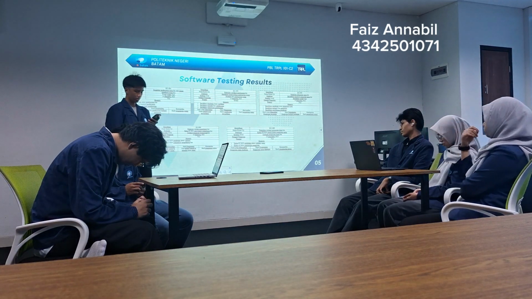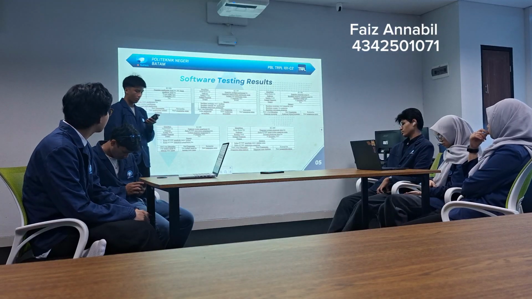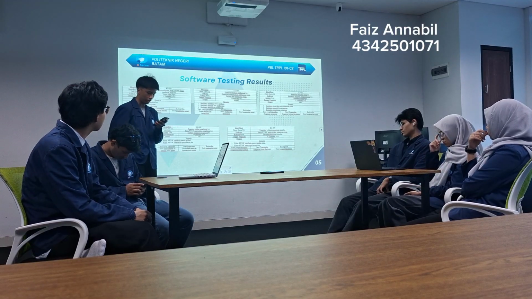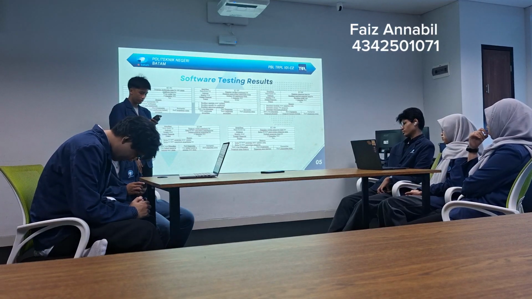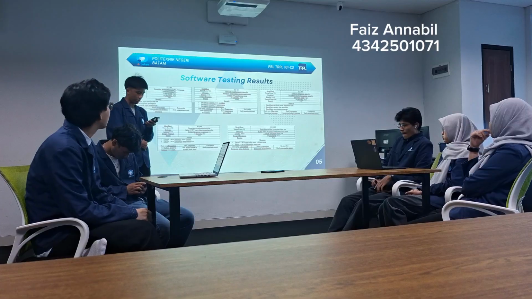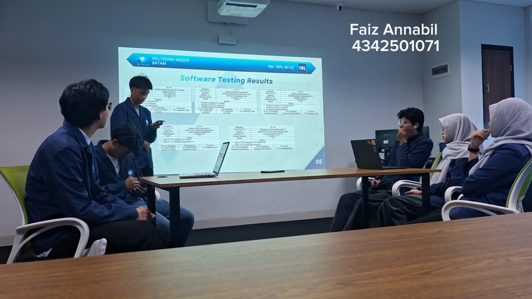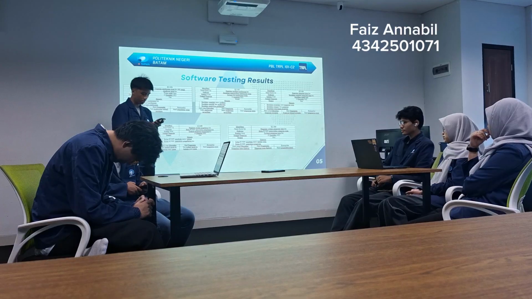The treasurer is responsible for submitting the cash data, while the chairman is responsible for checking, approving, or rejecting the data. The system itself does not make decisions, but only records and displays the data based on the user action. Overall, the testing results show that all features work correctly and the system is ready to be implemented.